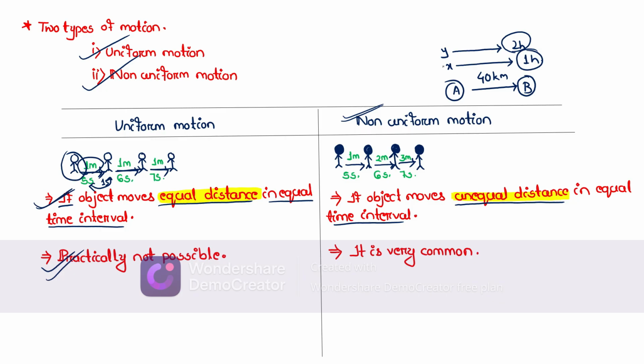So when X was moving, maybe there was no traffic jam, but during the time of Y maybe there was some traffic. So non-uniform motion is practically possible and very common. Here a person is moving 1 meter in 5 seconds, again 2 meter in 6 seconds, 3 meter in 7 seconds. So the distance is not uniform. This is all about uniform and non-uniform motion.